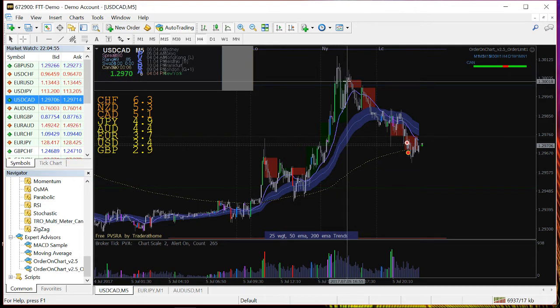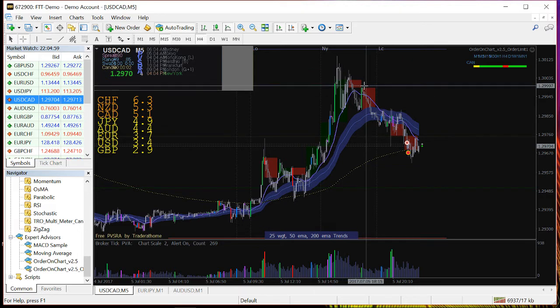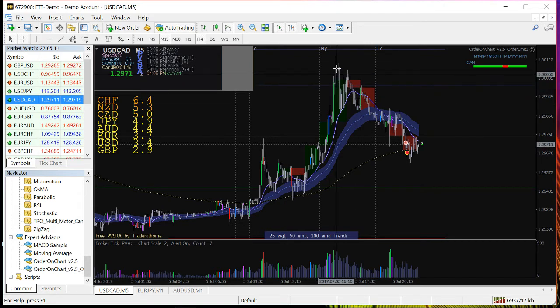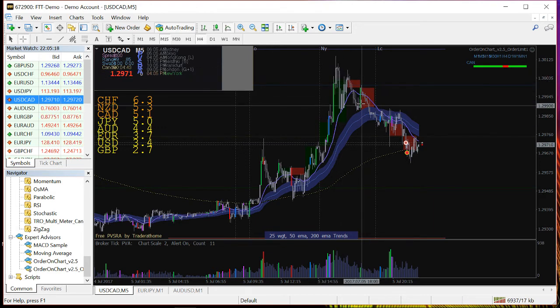But what happened is that after it broke it, you have a green candle here, a huge green candle with notable volume. This green candle failed to break it again. So you broke it here, and here you didn't have notable volume, right? But here you had notable volume and you failed to break it.